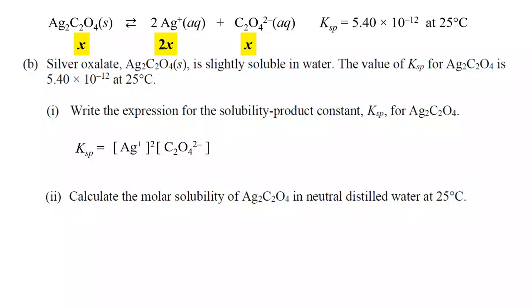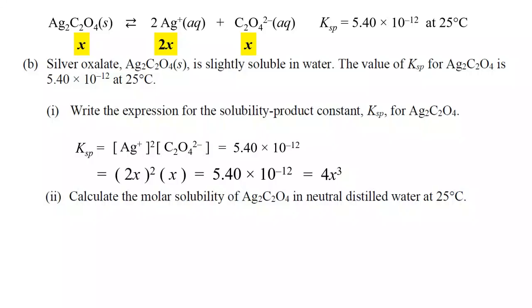I'm going to go ahead and plug in the 2x and the x as concentrations, and then we'll solve for that molar solubility for x. So (2x) quantity squared times x is equal to the Ksp of 5.40 times 10 to the negative 12. And you may remember seeing in my Unit 7 videos involving solubility equilibria that when you have this 2-to-1 ratio of ions, you get 4x cubed for the math involved.